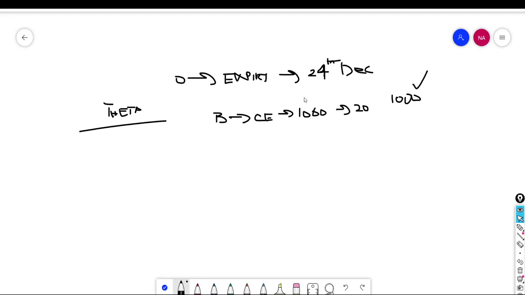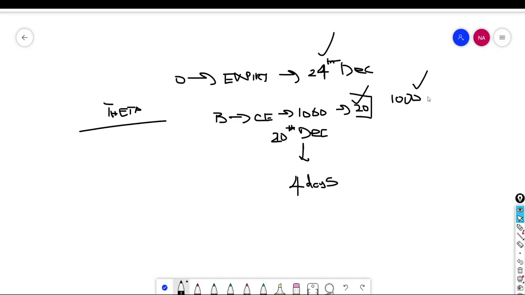Let's assume you bought it on 20th of December. For easy understanding, on 20th of December you paid a 20 rupees premium, and 24th is expiry. So how many days are left? 4 days.